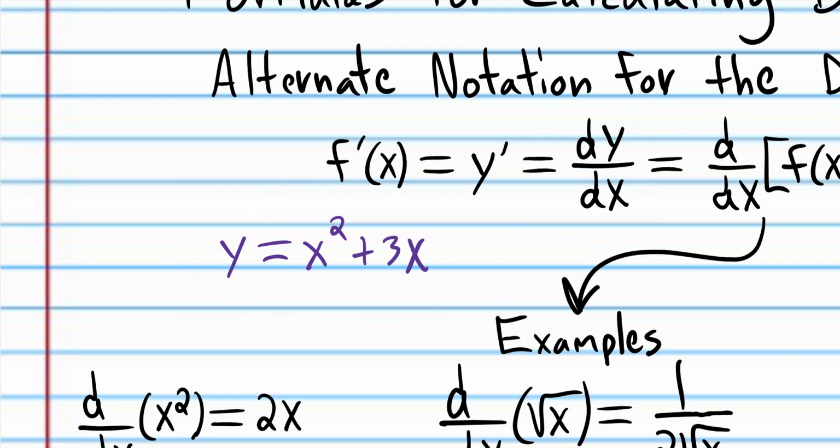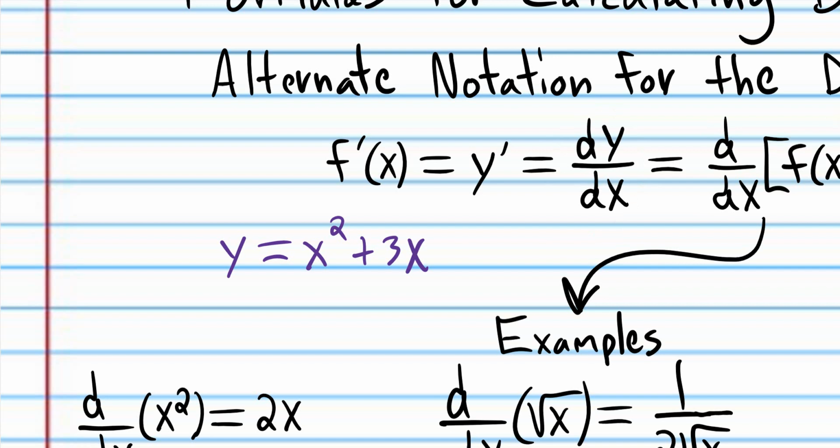This notation has some positive things about it and some negative things. One thing that's not very desirable is this looks like a fraction. It's not really a fraction. You can think of it as a fraction in some contexts in the future parts of the calculus curriculum, but for now we don't really consider it to be a fraction.